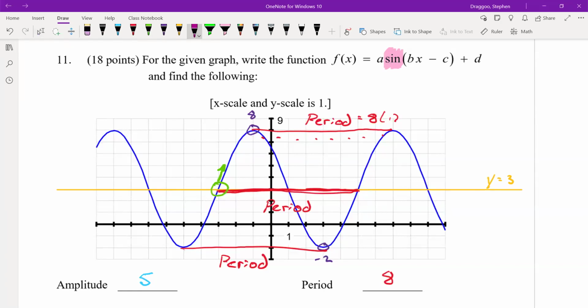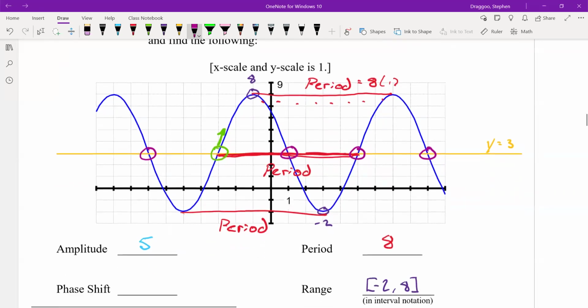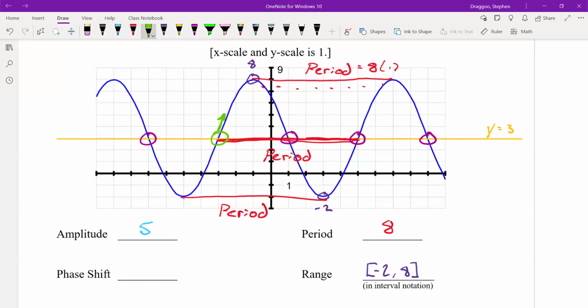In addition to that green point, I've also got any of these other magenta points that I just circled in. Anything that falls along that yellow line is a phase shift for sine. But I'm going to use the green one. It's out there at -3.